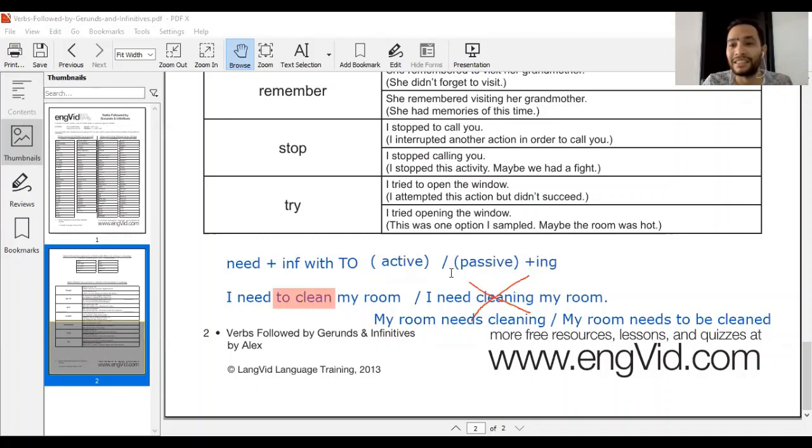Esa es la excepción que tiene need en este grupo, que se puede usar con ing siempre y cuando la oración tenga un sentido pasivo. Si no tiene un sentido pasivo, no se puede usar el ing; si lo usan como en el ejemplo, I need cleaning my room, estaría completamente incorrecto. La manera correcta sería, I need to clean my room.